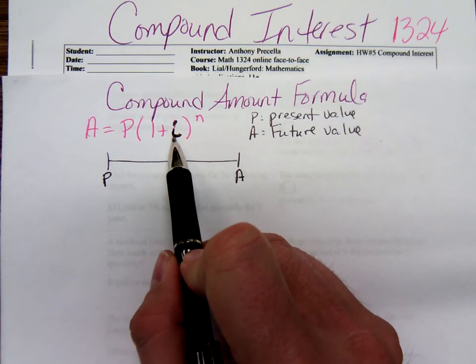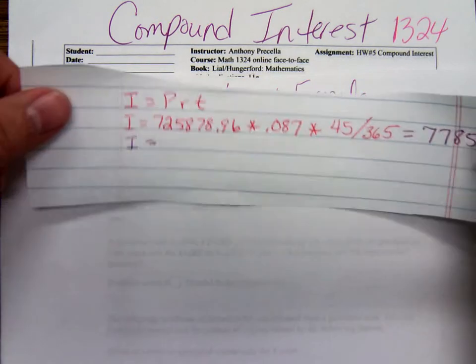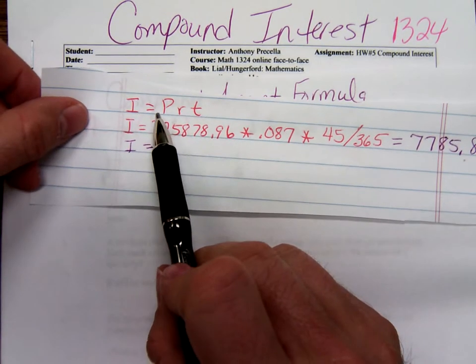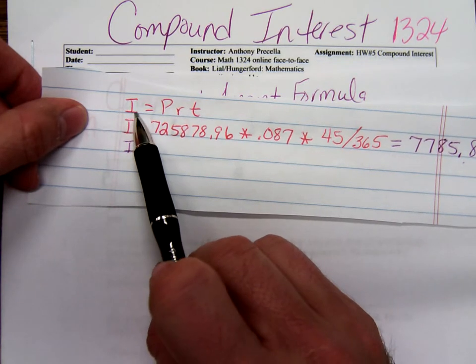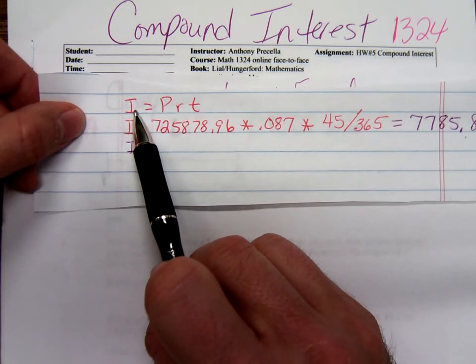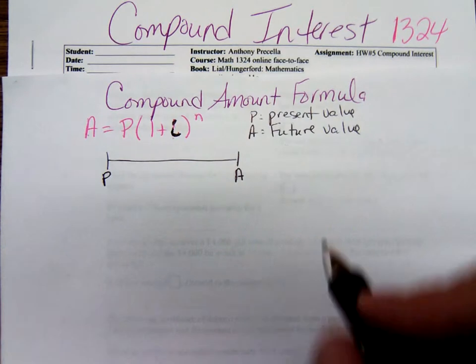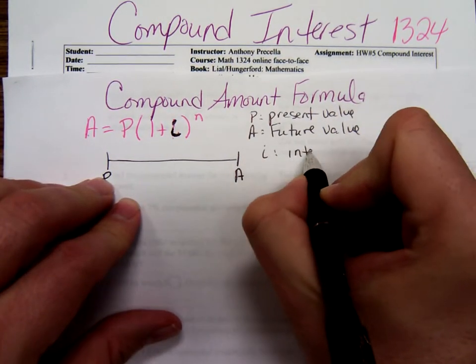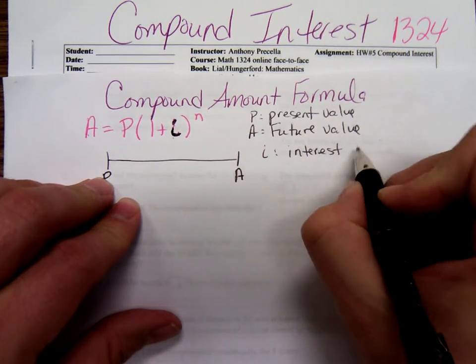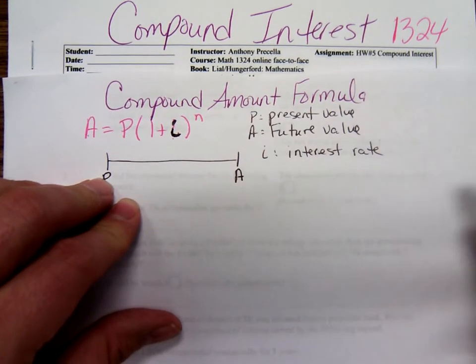That's why when we were doing simple interest, I kept talking about capital I. Here's an example where I was working out a problem with simple interest. That's written with a capital I. The lowercase i stands for the interest rate per period.